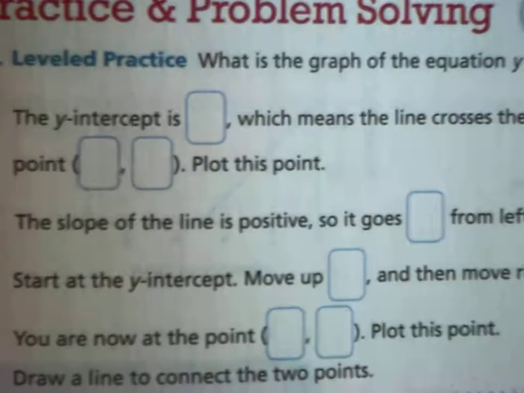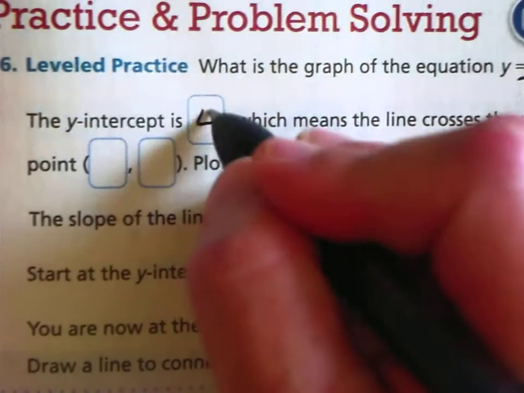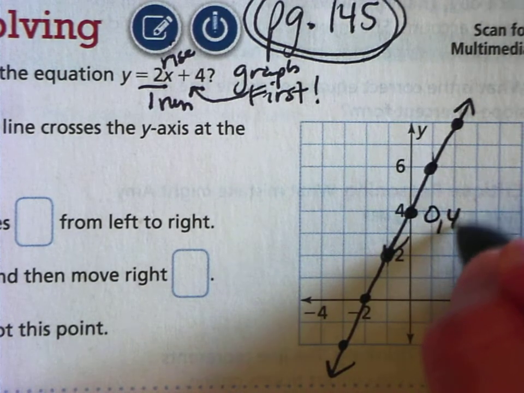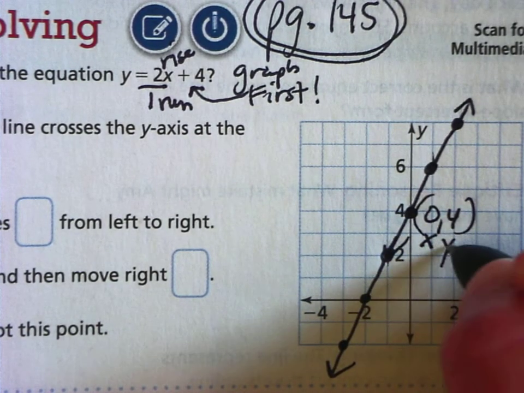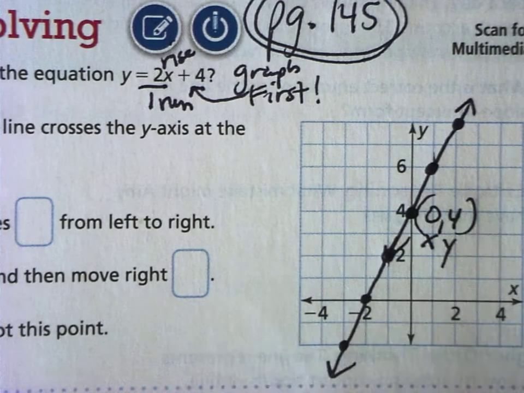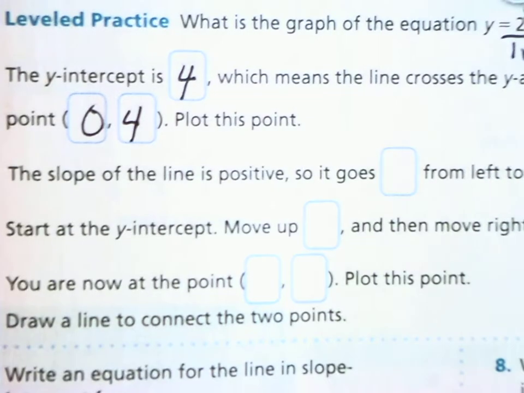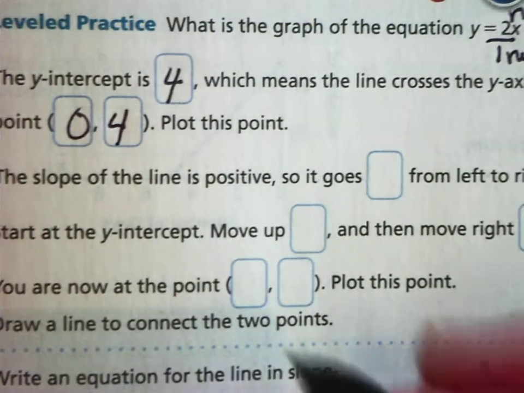Okay, so the y-intercept is 4, so that means that point is 0, 4. That is your y-intercept, 0, 4. Look, x, y. See how the 4 is in the y position and the other number's 0? So the slope of the line is positive.